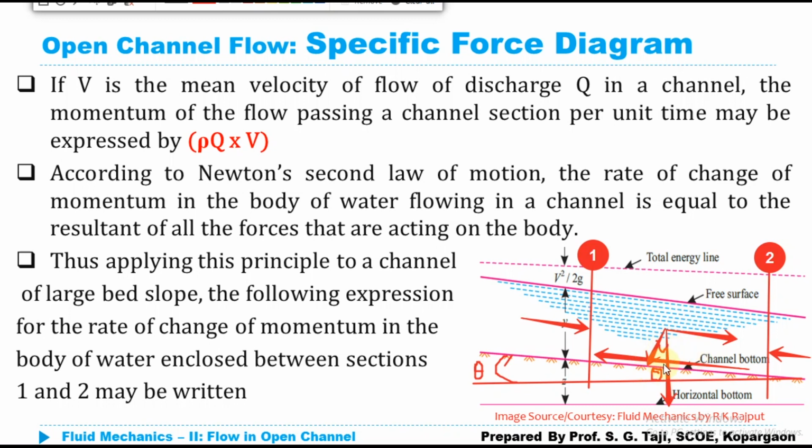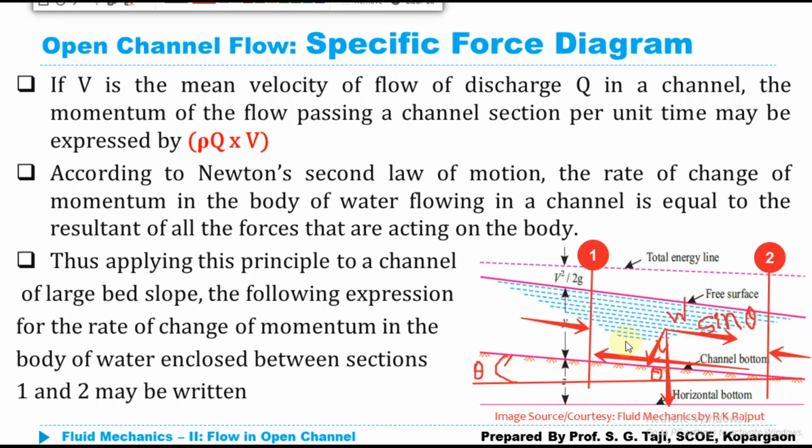As I am measuring my angle with respect to the vertical, the component along the flow is sine of theta, because cos of 90 minus theta is sine theta. So the component of the weight along the flow is W sine theta. All those are the forces acting in between section 1 and section 2.